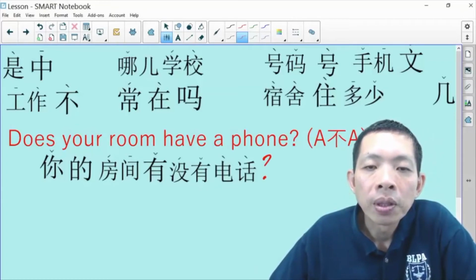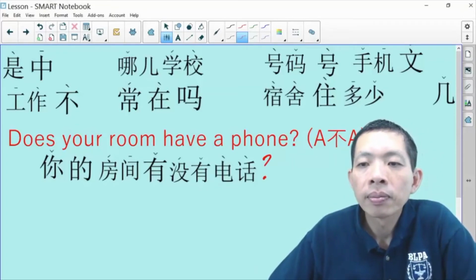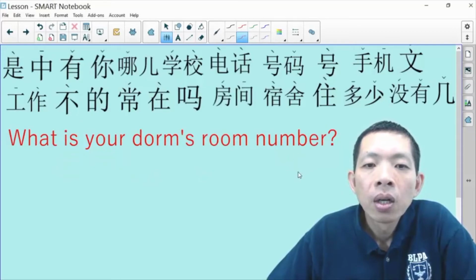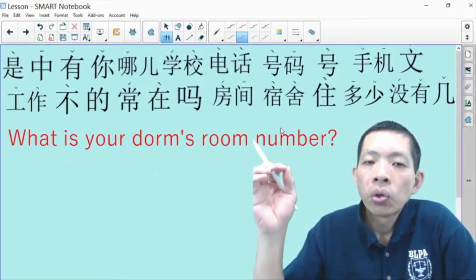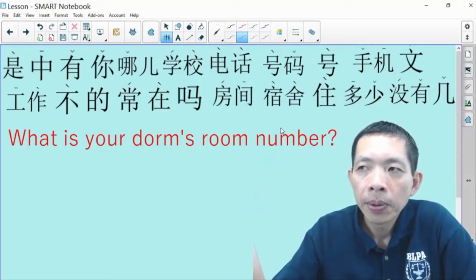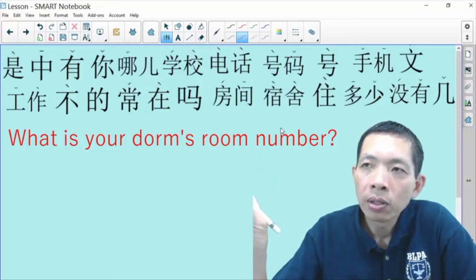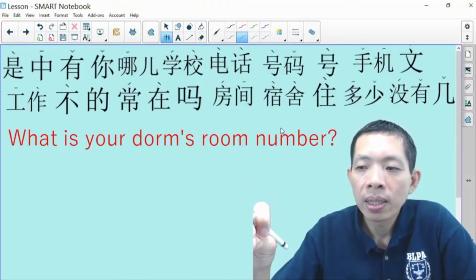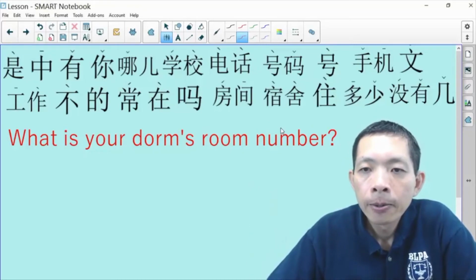Okay, we are using ABA structures in here. Okay, let's look at the next one. What is your dorm's room number? Okay, room number is actually a small number. When you use a small number, what do you need to use in the end?